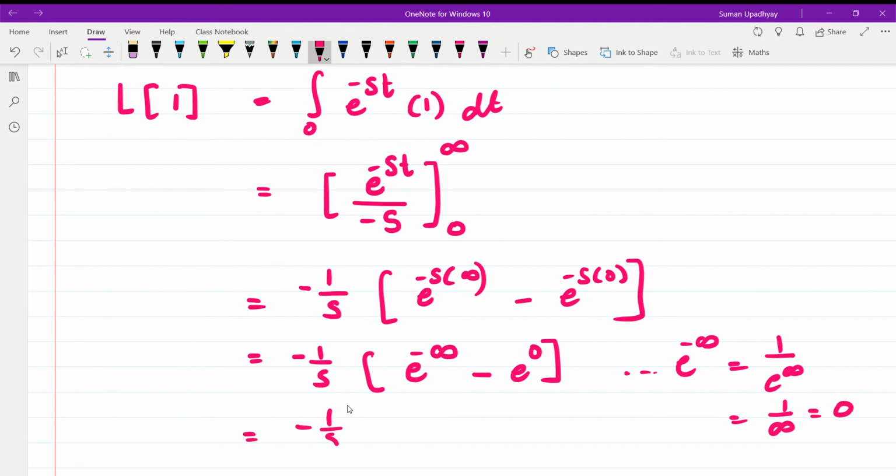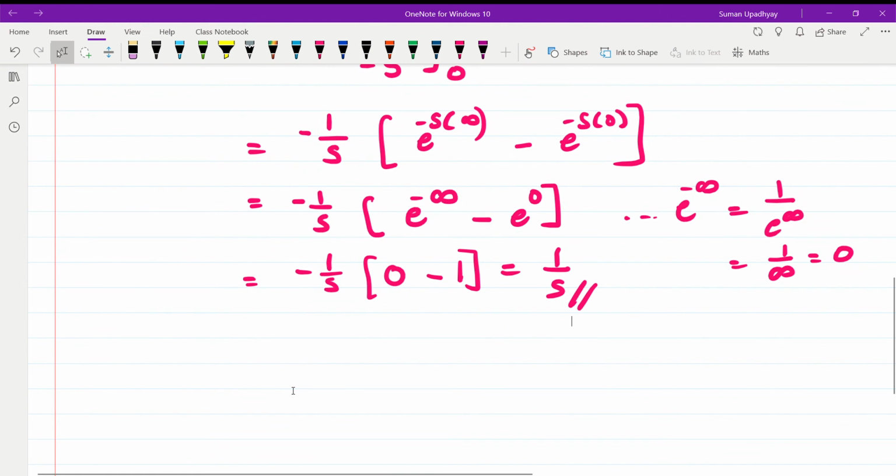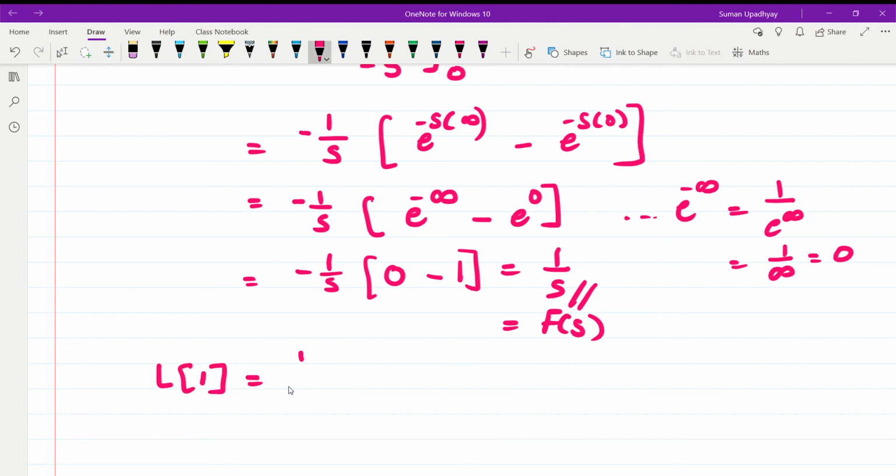So minus 1 upon s, e raised to minus infinity is 0 and e raised to 0 is 1. So hence the Laplace transformation of 1 we got as 1 upon s. You can see in the final answer s is present. That's why we denote the final answer by F of s. So here we got the Laplace transformation of 1 as 1 upon s.